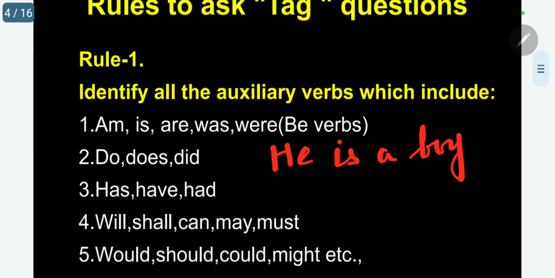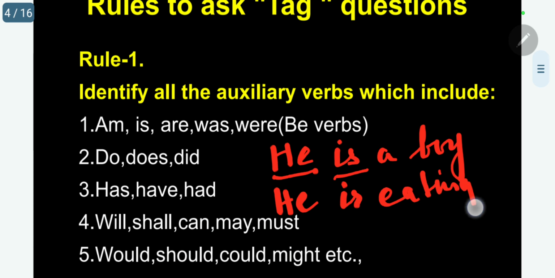He is the third person singular, so I am using the singular verb is, the be verb. So is here is used as a main verb. Now I can use the same is as an auxiliary. Example: He is eating an apple.